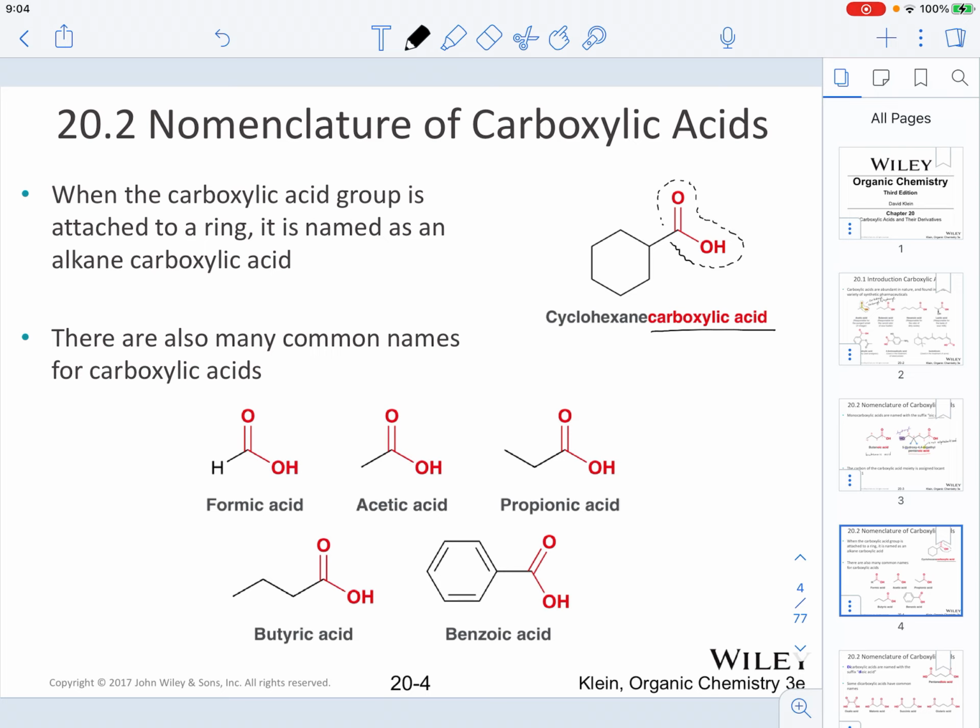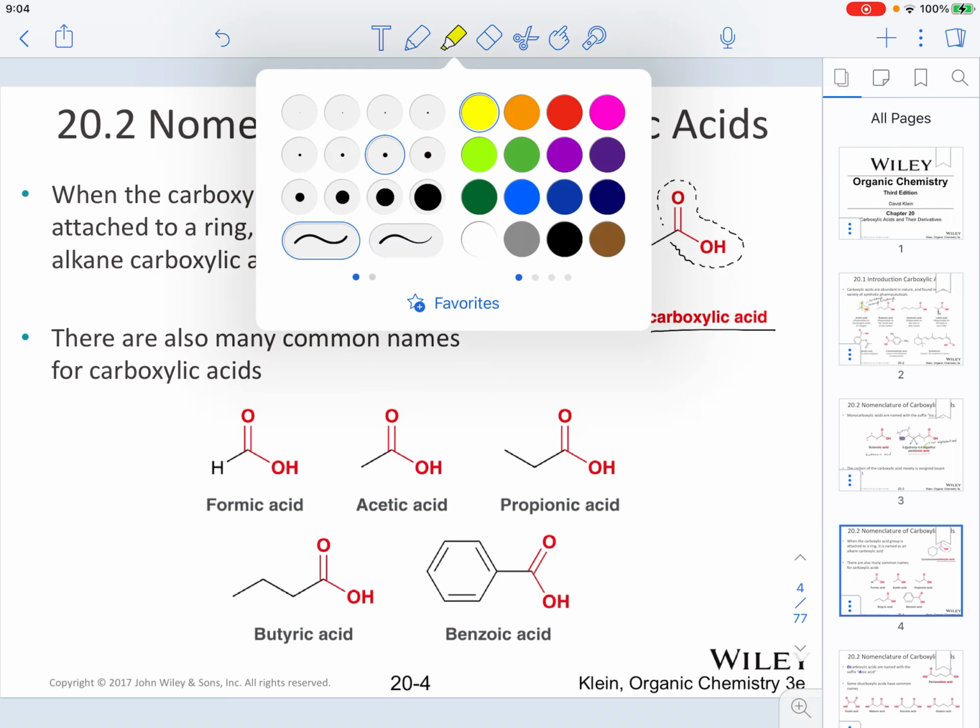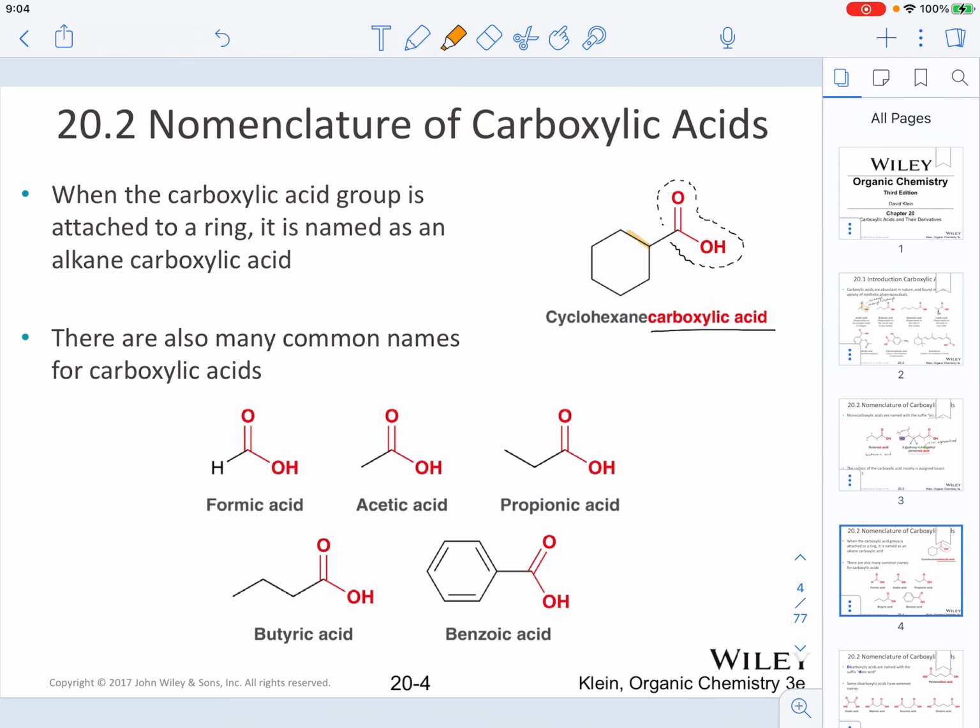And as a prefix, we are going to put the name of the cyclic alkane. The ring system that I highlighted in orange is called cyclohexane. So the correct name for this molecule is cyclohexane carboxylic acid.